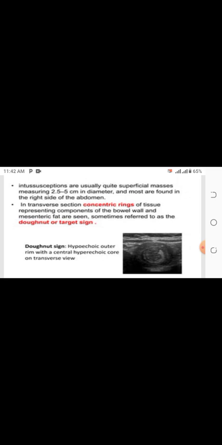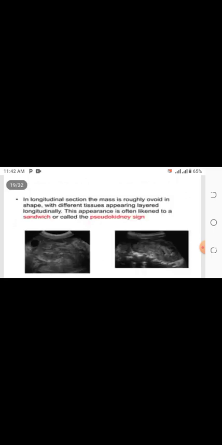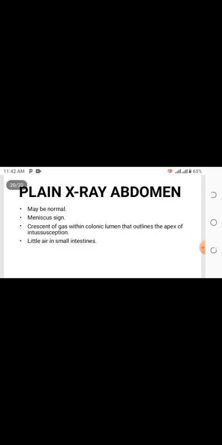What we mean by the donut sign, we could see a hypoechoic outer rim with a central hyperechoic core on transverse section. That's exactly what we are trying to see in this diagram. In the longitudinal section of the abdominal ultrasound scan, we could see a pseudokidney. We see something that looks like a kidney under this longitudinal section of the abdominal ultrasound.